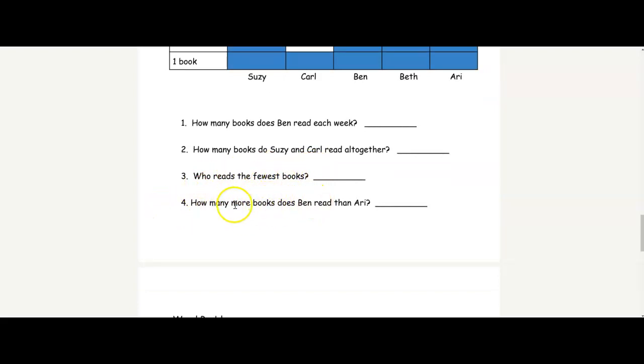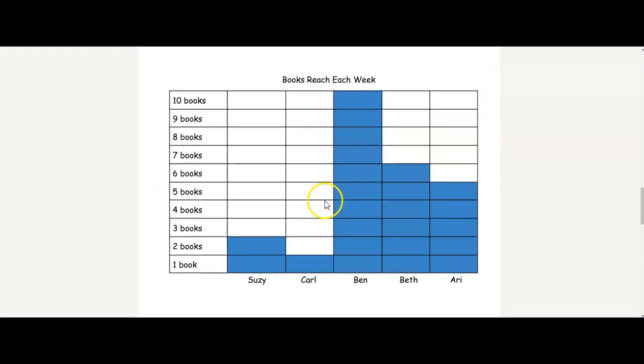And then the last question asks how many more books does Ben read than Ari? So since we're comparing and contrasting Ben's books and Susie's books, what symbol would we use? Yes, you're right. It's subtraction. So we're finding the difference between Ben's books, 10 books, and Susie's books, which is 2 books.